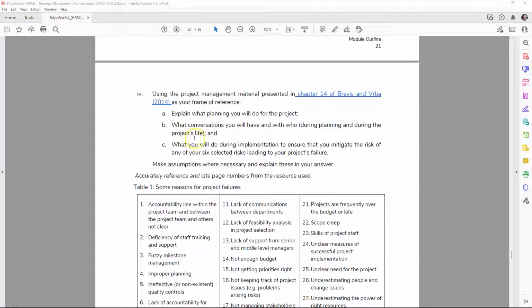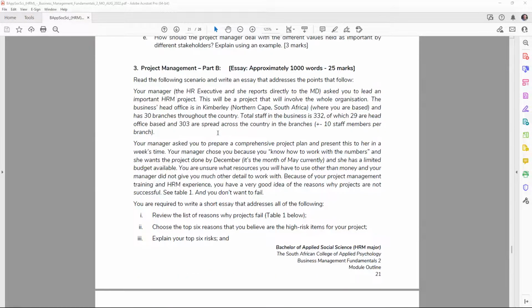And then what conversations will you have, and with whom, during planning and during the project's life. So when you set up the project, who do you need to talk with? One of the most important would be your manager, the HR executive, who reports directly to the MD.